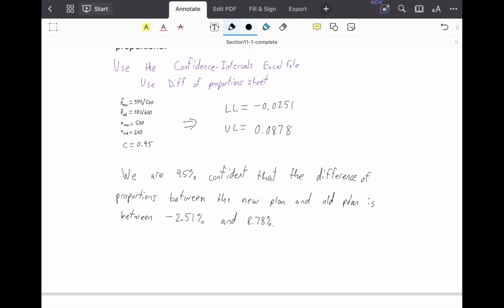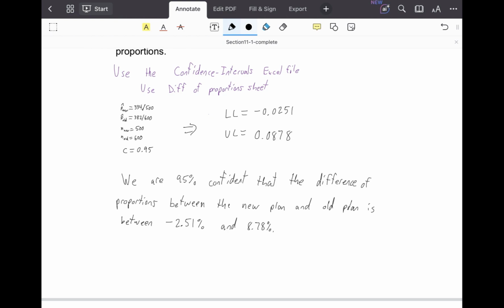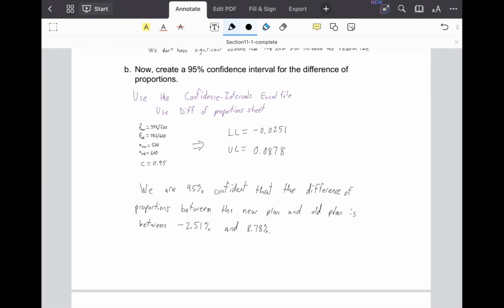And this contains 0, so we can't really say much about whether it increased or decreased the retention rate.